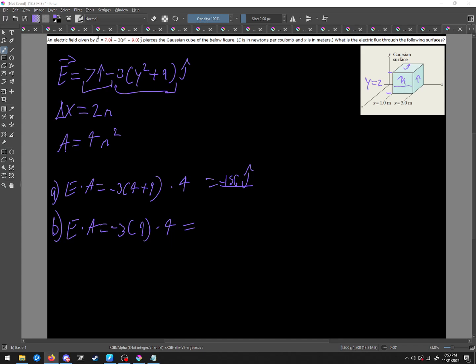Let me just get all the answers pulled up at a time. Yeah, this should be 108. I don't think they're asking for j hats, so they just want this. And this is actually newton meters squared per coulomb.